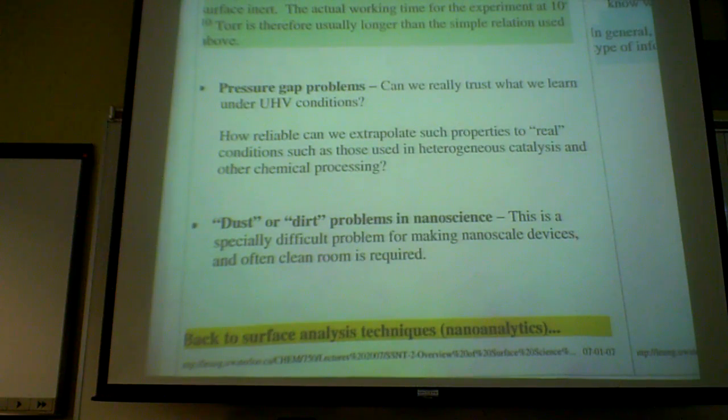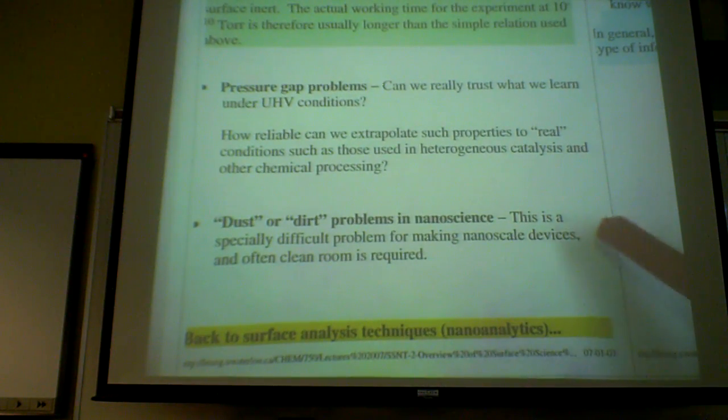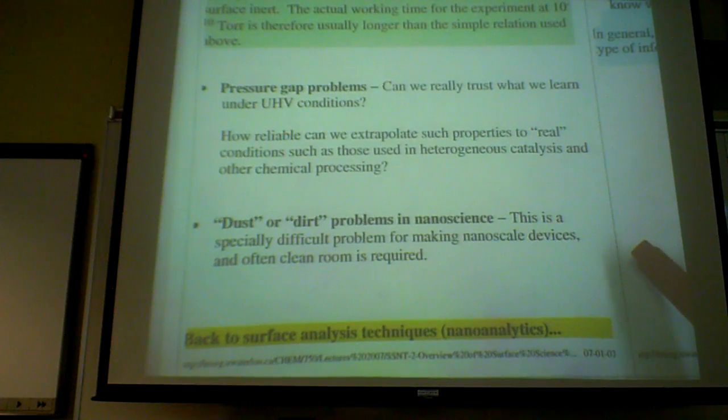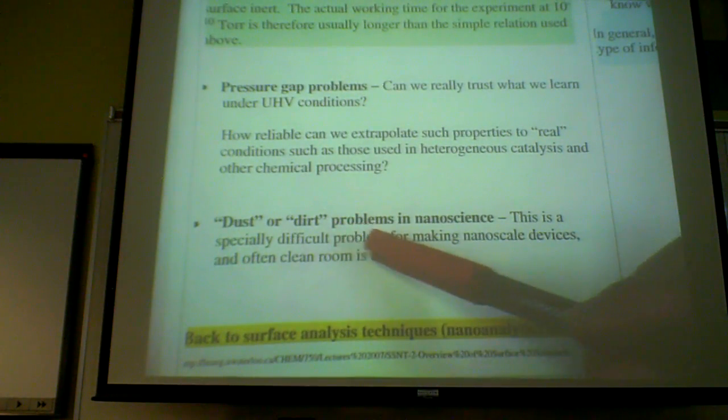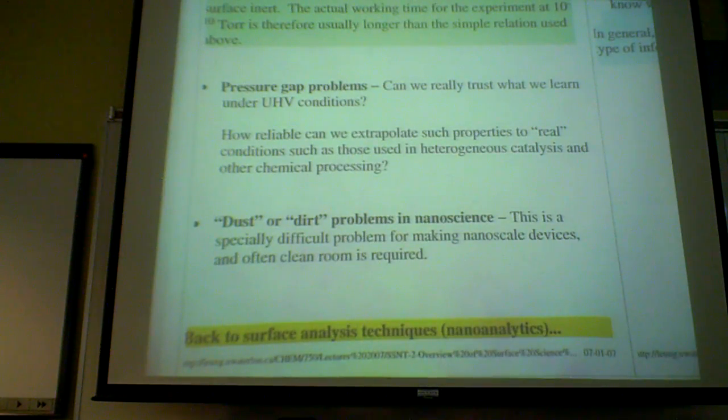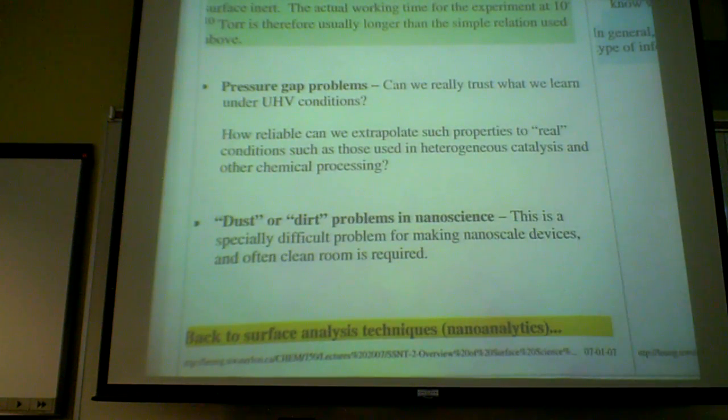There's another criticism about surface science, that you're not studying real surfaces because you created artificial clean surfaces, and then how do you connect to these dirty surfaces that exist in real life, right? Because most of the time you have a dirty surface, and this is really a problem.